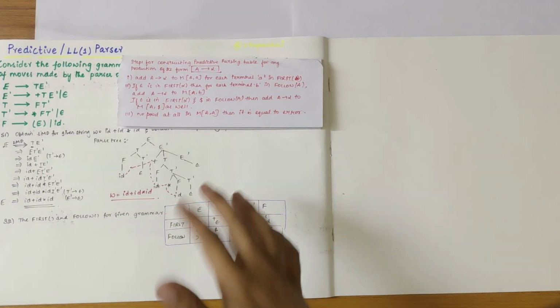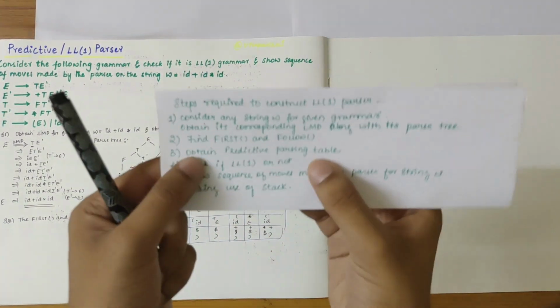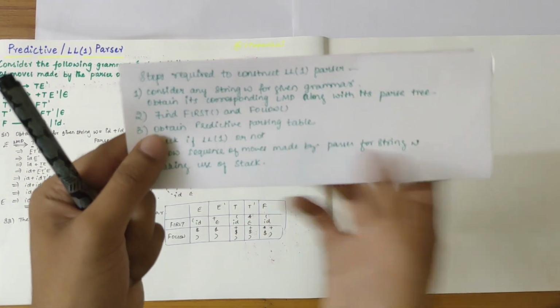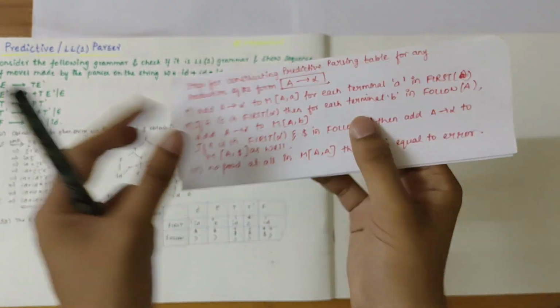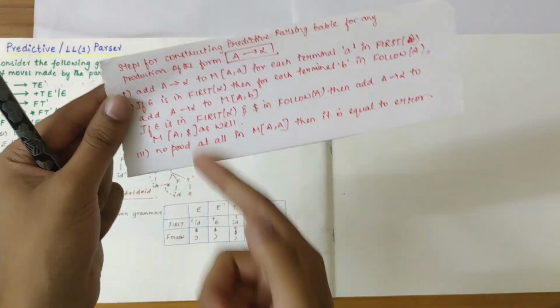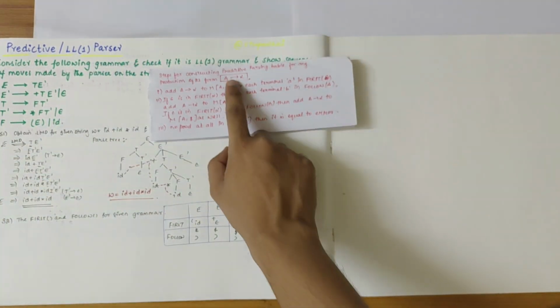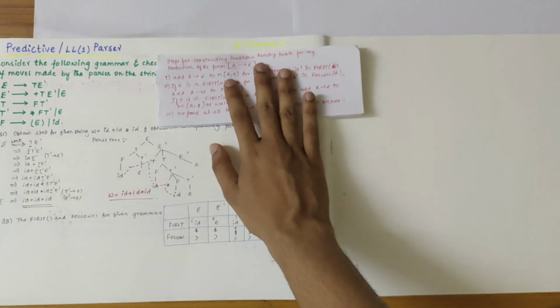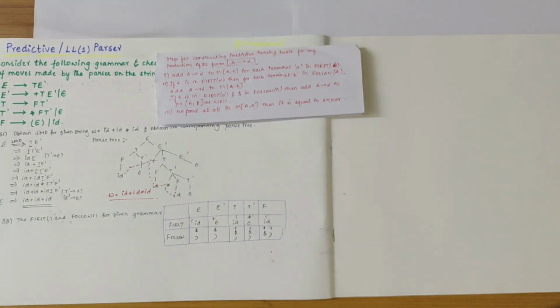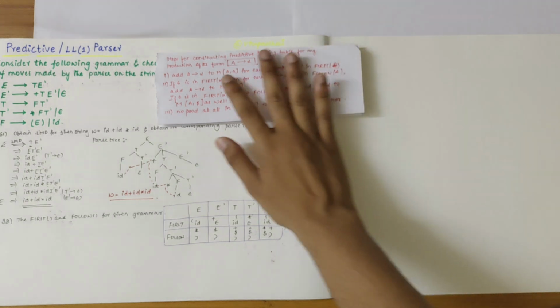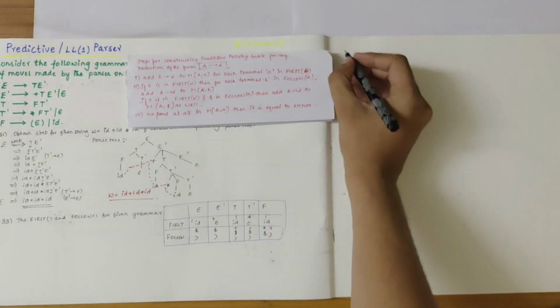So here for step 3, that is to obtain the predictive parsing table, I have written down the steps for construction of predictive parsing table for any production of the form A derives alpha. So let me draw a table for step 3.